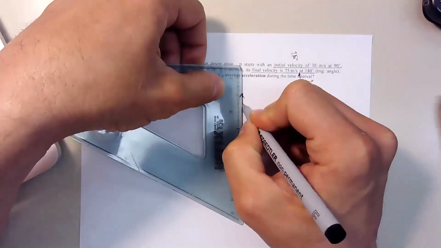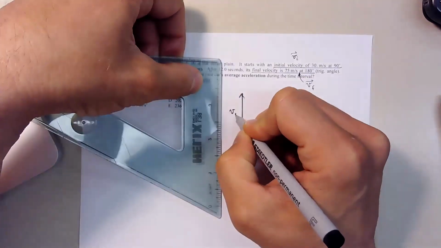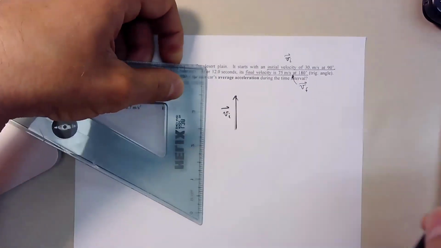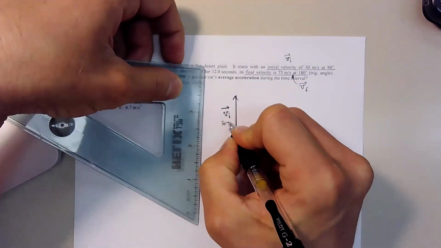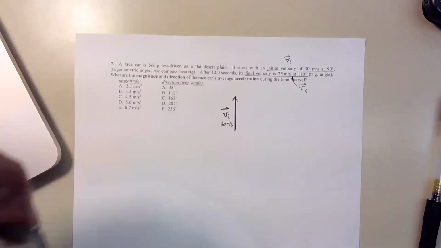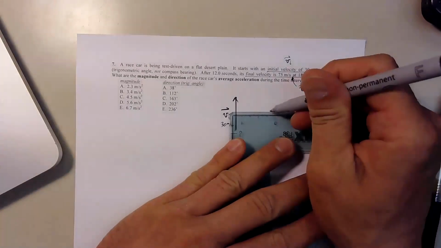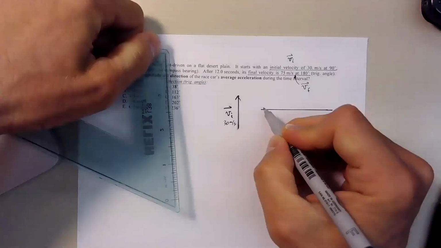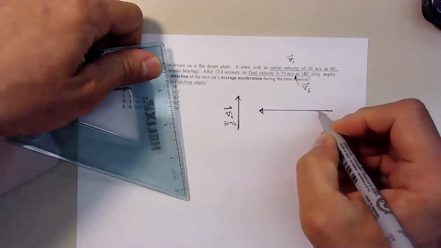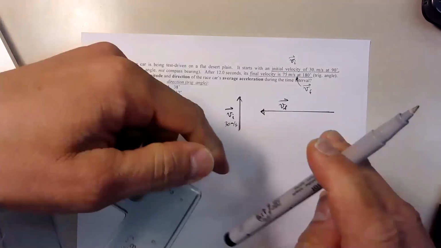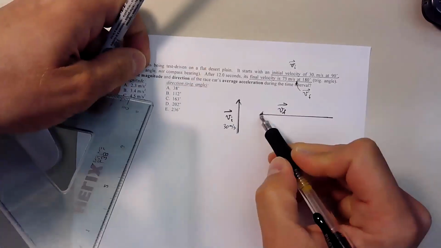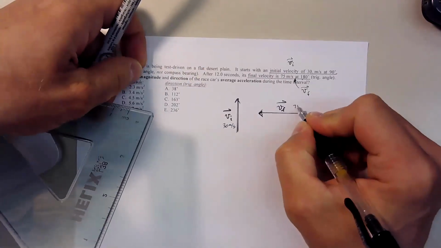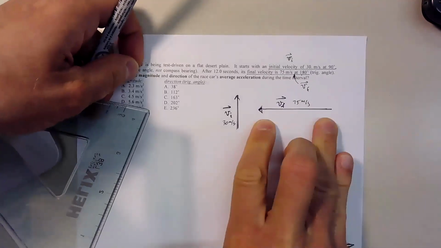So here's v initial, and the magnitude of this is 30 meters per second. And then at some later time, the final velocity is considerably larger, right? It's more than twice as big. And it has a direction of 180 trig angle. And its magnitude here is 75 meters per second.